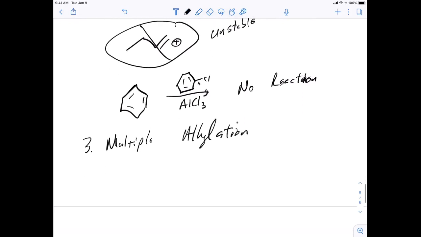One other potential problem, and it doesn't usually make a big difference, but it does in a few cases, is if I add something that's really easy to make a carbocation, like this tertiary.